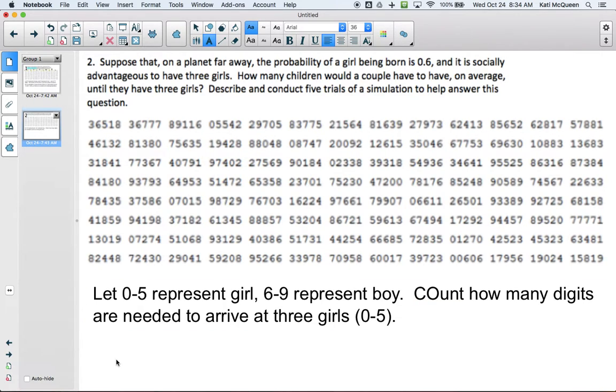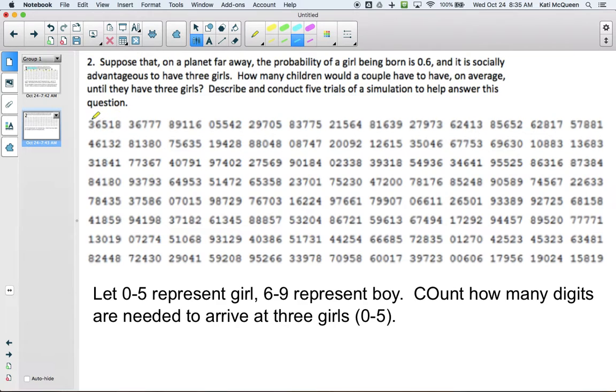Depending on where you started on your table, you would get different results. So I'm just going to start at the second line since the first problem took up the first line. I'm just going to count how many I need until I get to 3 0 through 5s.